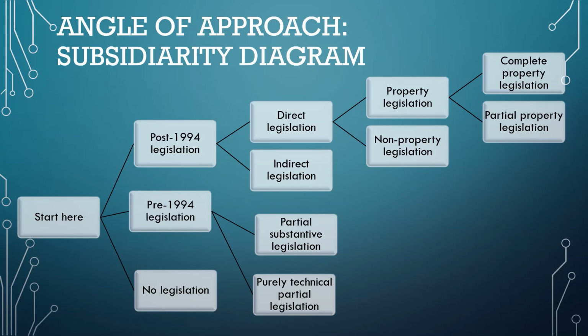So because there's no applicable legislation, the analysis will start with the common law and consider development of the common law to cover the issue where the common law does not cover the issue altogether. And if there's a gap in legislation that can be filled by the common law, then the point of departure would be the same. So the court will have to look at the development of the common law.